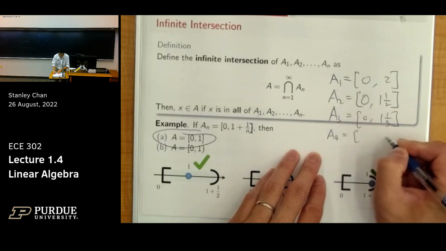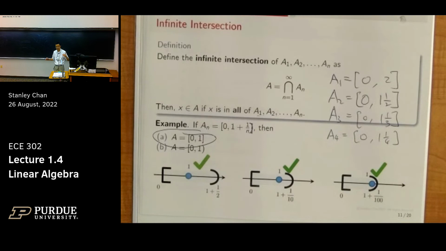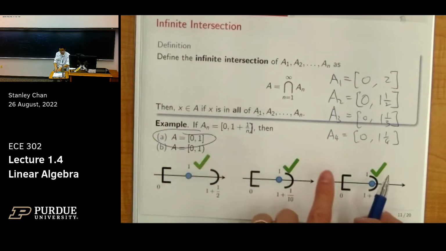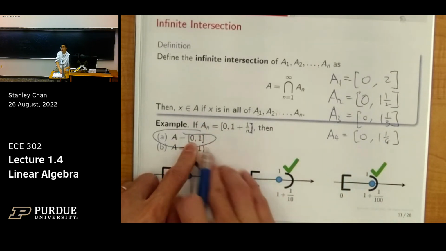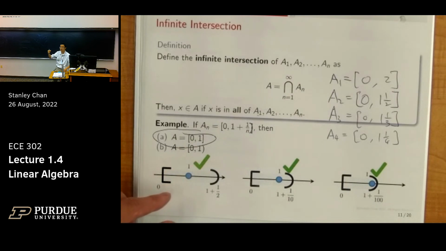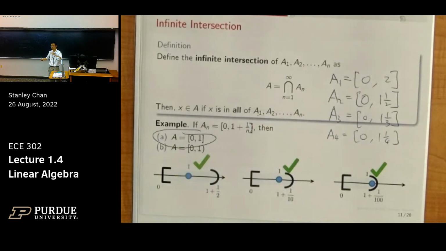A4, right? So you just keep doing. Is this 1 included? As you go down the list, 1 is included, and therefore your infinite intersection will still be the same. Right? You just need to check whether it is inside every possible set that you're constructing in the sequence. Make sure that they're in, then yes, the limit is also in.